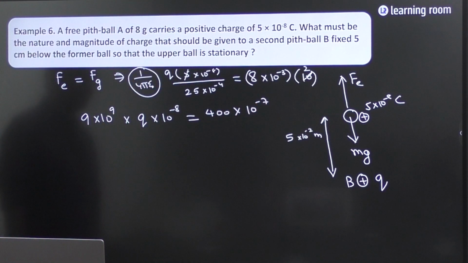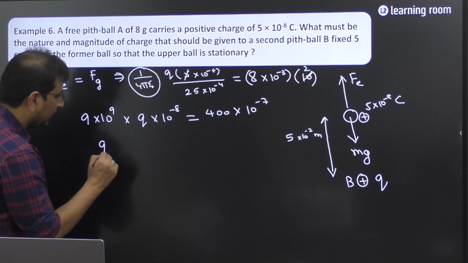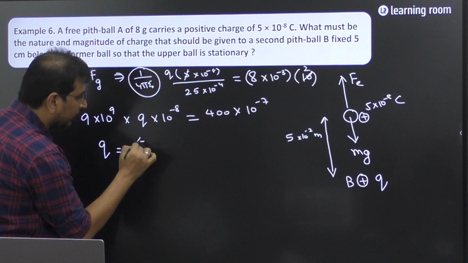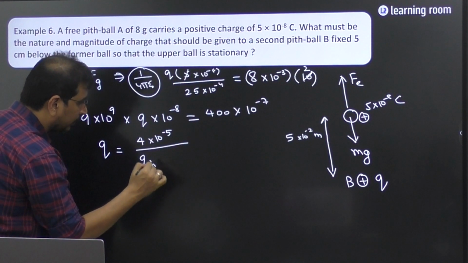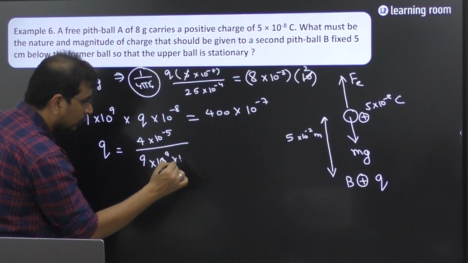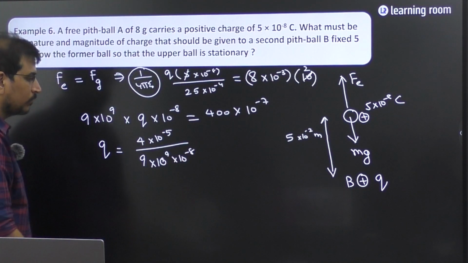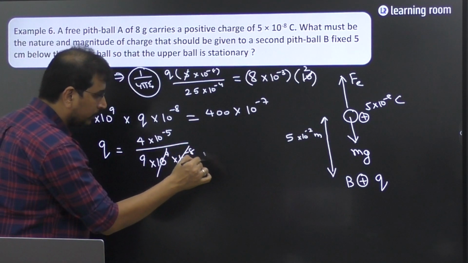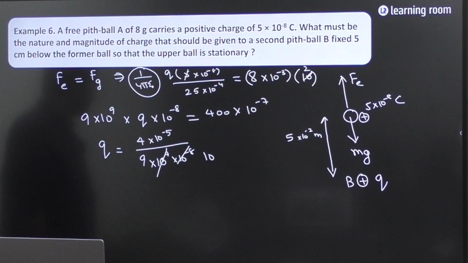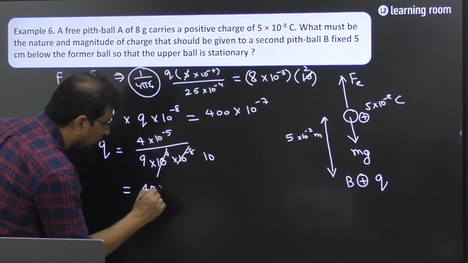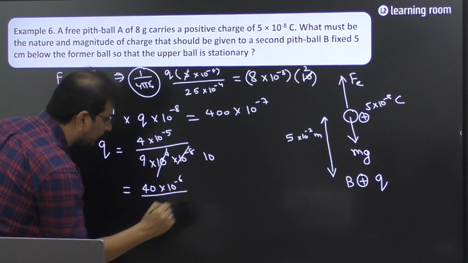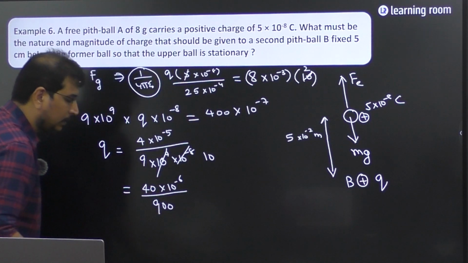Are you able to understand at this point? So Q will be equal to 4 into 10 power minus 5 divided by 9 into 10 power 9 into 10 power minus 8. So 10 power minus 9 into 10 power minus 8 will give me a 10. So 4 divided by 90, or can I write it as 40 into 10 power minus 6 divided by 90?